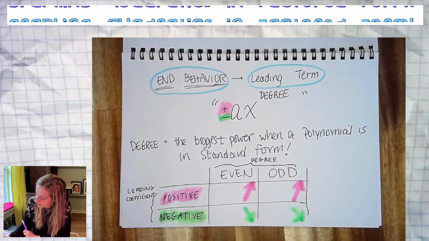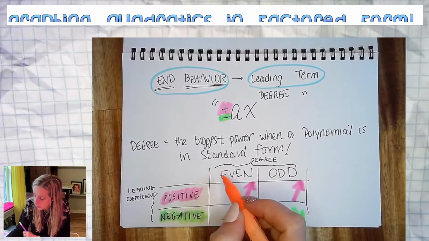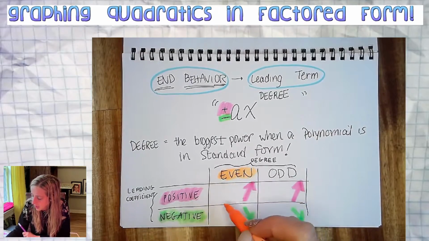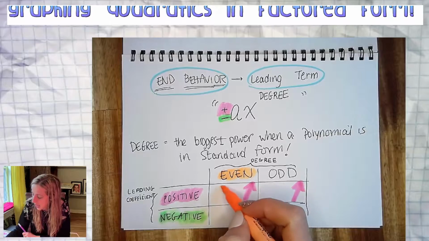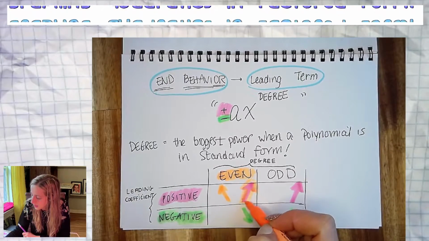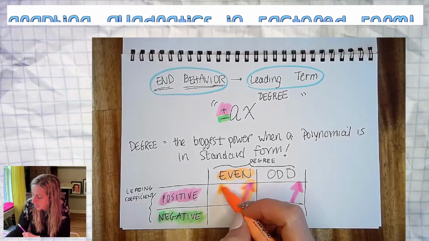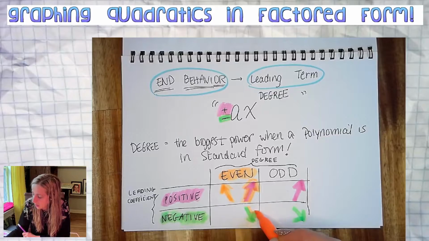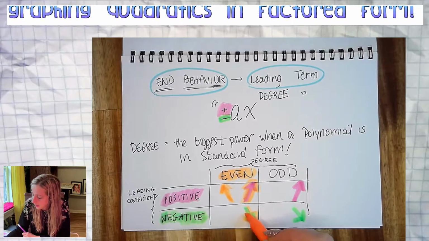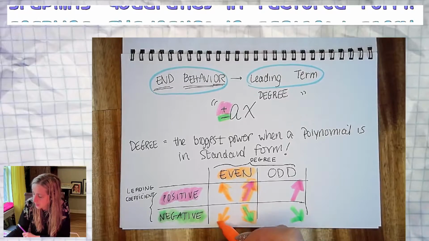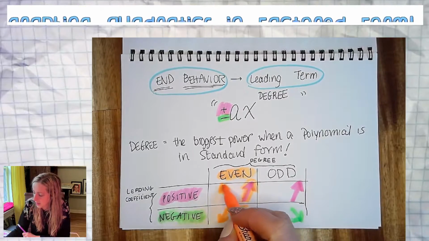For even, it's the same way. Good. So if the degree is even, it's the same on both sides. Since it's up on the right, then it's also up on the left. And if it's down on the right, then it's down on the left. So even, it's the same on both sides.